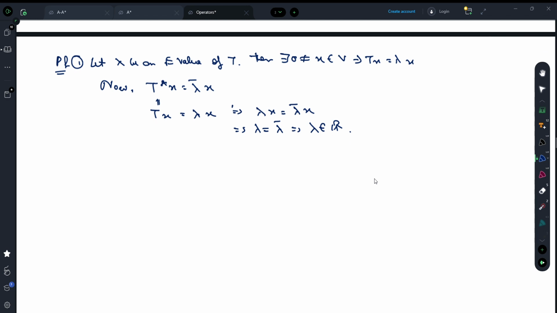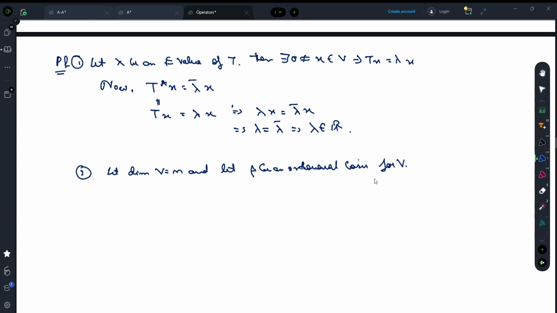The next proof is also quite simple, because let the dimension of V be n, and let beta be an arbitrary orthonormal basis for V. Now we are to show that the characteristic polynomial of T splits over R. That's what we actually need to show, right?